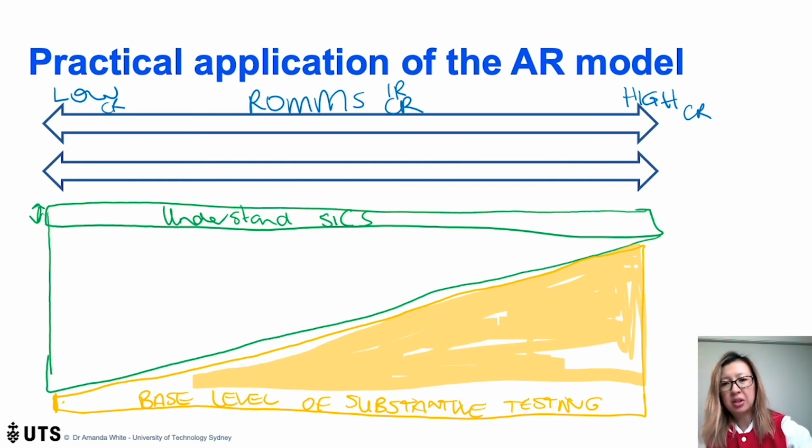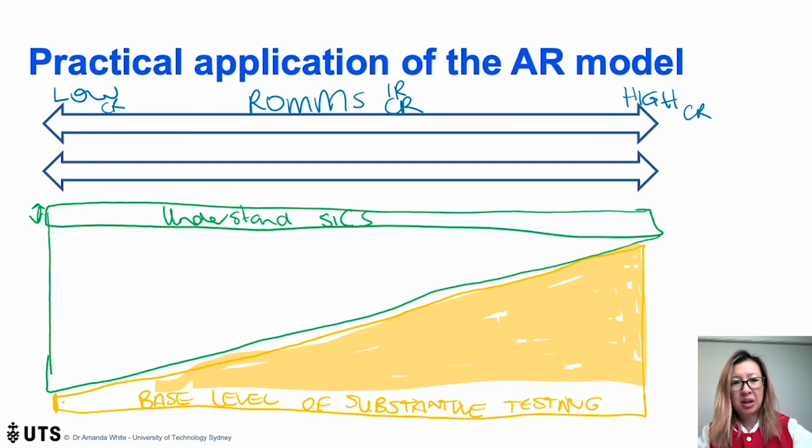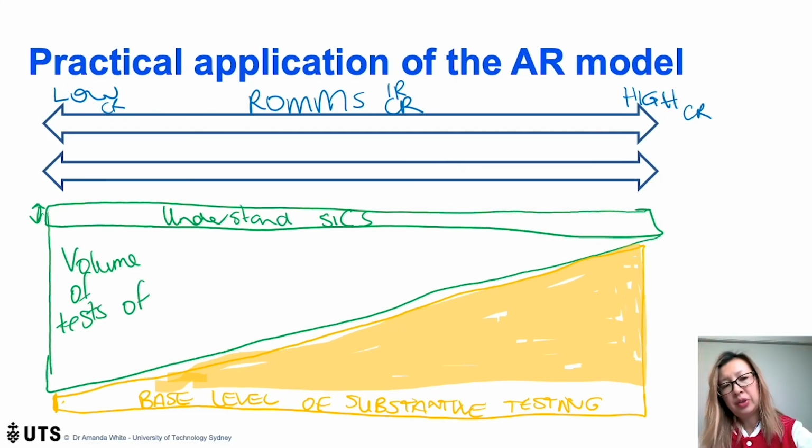Okay, so everybody has to do that base level, and then on top of that, depending on the level of risk, we're going to do more and more substantive testing. So from the green aspect, here, this is volume of tests of controls.